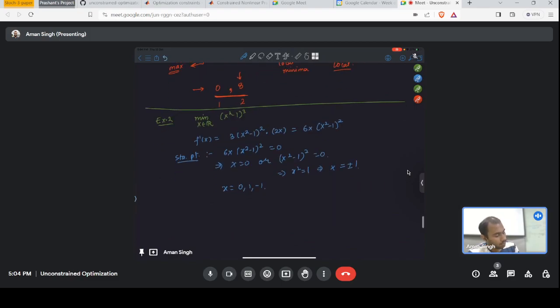Now we'll look at f double dash x. F double dash x will give you 6(x square minus 1) whole square plus 6x times 2(x square minus 1) times 2x. I'm doing it faster because I know you will understand this differentiation and double differentiation. You can try all of these at home once to get hold of it.